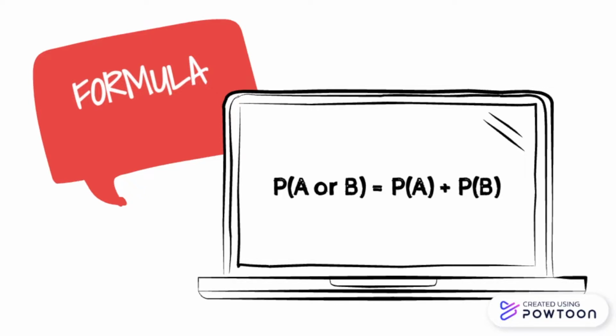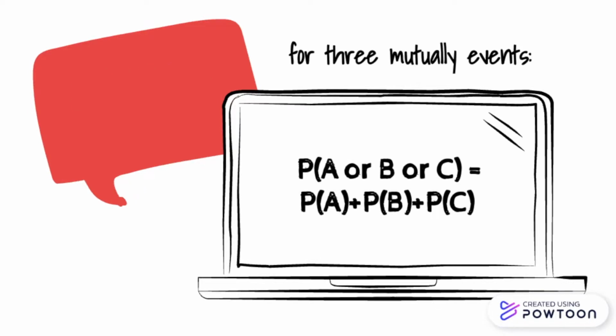P is for the probability, and A and B are the events. And for three mutually exclusive events A, B, and C, the rule is written as P(A or B or C) = P(A) + P(B) + P(C).